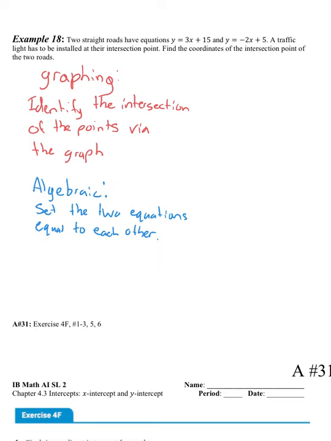That's what graphing's all about. So we say 3x plus 15 equals negative 2x plus 5, and we'll solve for x. I'm going to add 2x to both sides. I get 5x plus 15 equals 5.